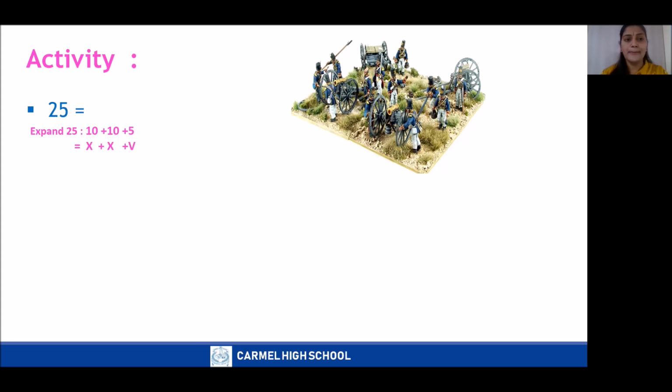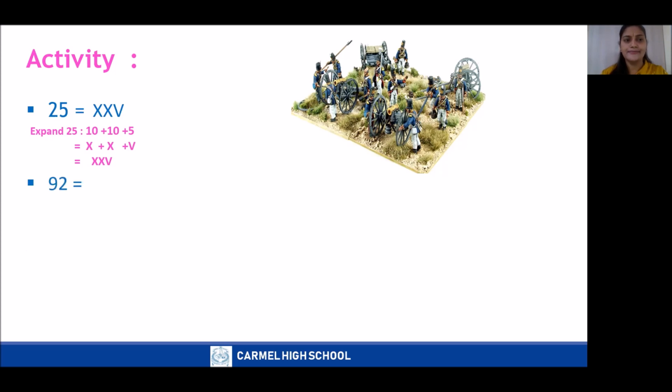Now we are going to combine the symbols and we get XXV. Now our 25 is equal to XXV. Clear?